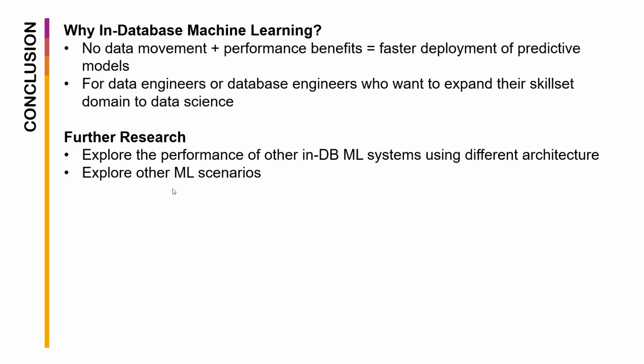And since we just used one machine learning approach, linear regression, exploring other machine learning scenarios could also be an area of further research. We may also want to look at classification and neural networks within a database and see if the same observation is evident, to see if there are still performance benefits of doing it in database.